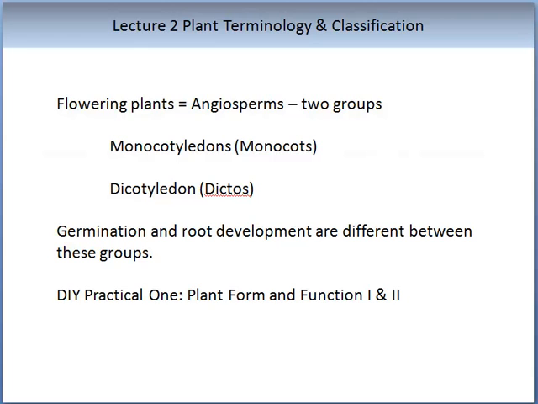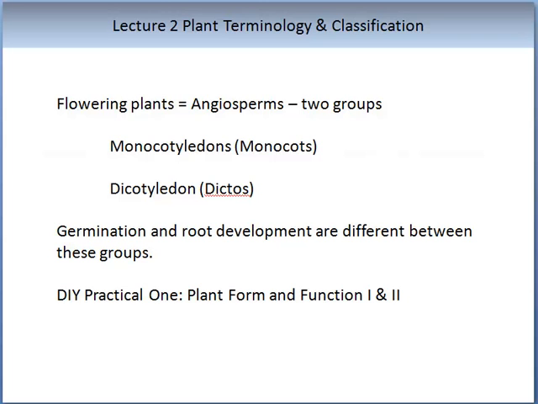In this subject we will concentrate on the angiosperms, as most commercial plants used in agriculture are angiosperms. Plants that do not flower but are similar to the flowering plants are the gymnosperms.